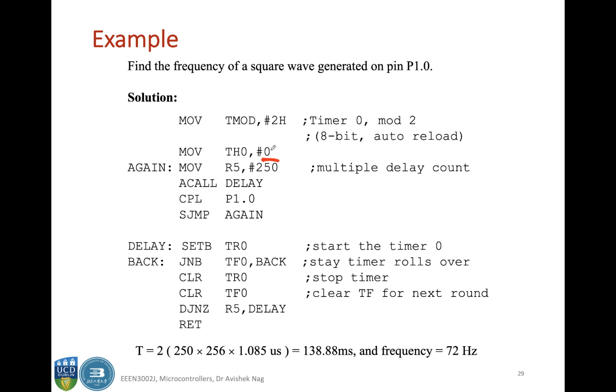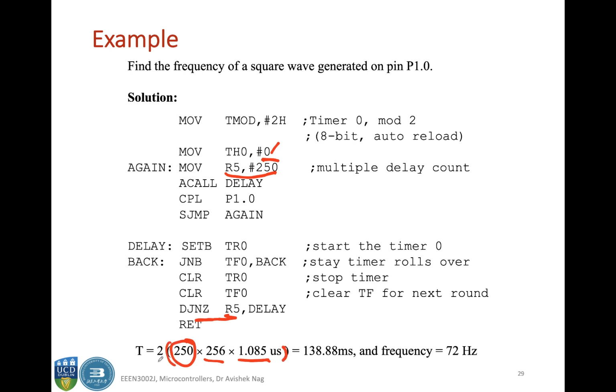It starts counting from 0 to 256, and it repeats 250 times, because you are generating the delay multiple times using this DJNZ. So you count 256, that happens 250 times, and then that times 1.085 microseconds, which is one machine cycle, is the total delay.